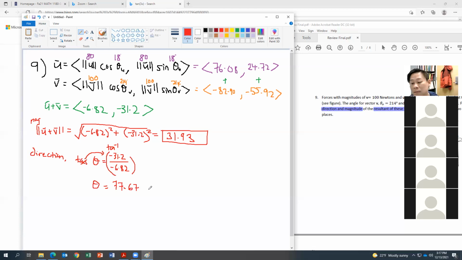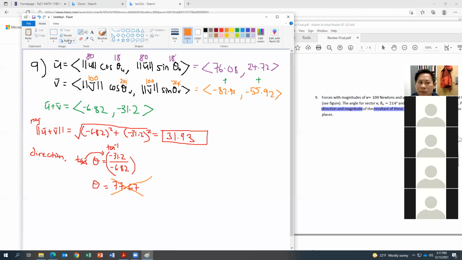You will get 77.67 degrees. If you report this on my test, I will mark it wrong. You won't get full points. Does anyone here know why I marked this question wrong? You have to add 180.